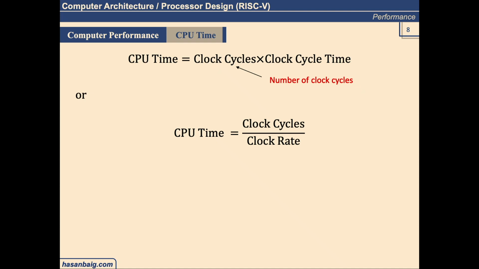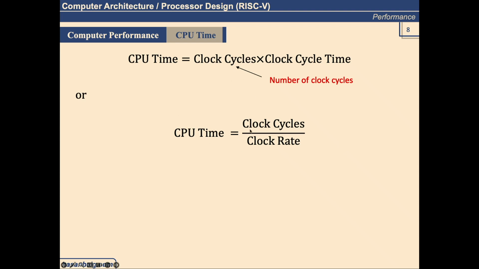If you were to perform a certain task, how many breath cycles would you take to complete it? Similarly, if we were to evaluate the performance of a certain task, we can calculate how many clock cycles it is taking. And if you multiply that number of clock cycles with the one clock cycle time, it will give us the CPU time. And again, clock cycle time is inverse to the clock rate, so we can write this formula like this also. Whatever is given to you, if you are given a clock rate frequency, you use this formula. If you're given a clock cycle time, you use this one.